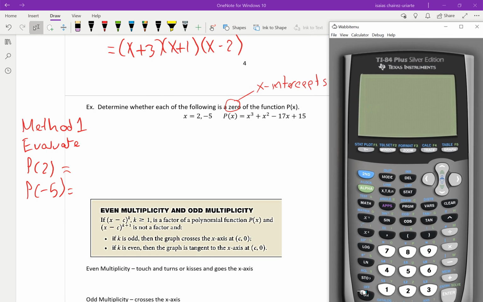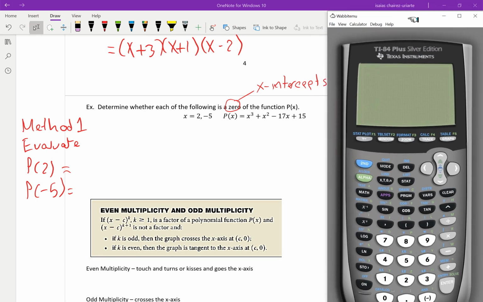All right, so let me turn on my calculator. Let me erase whatever I had going on before. I'm going to go to y equals and clear the polynomial that I had entered. So I'm going to enter this current polynomial right now: x to the third.